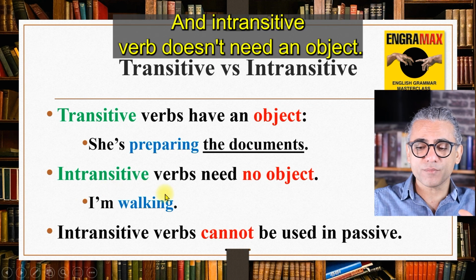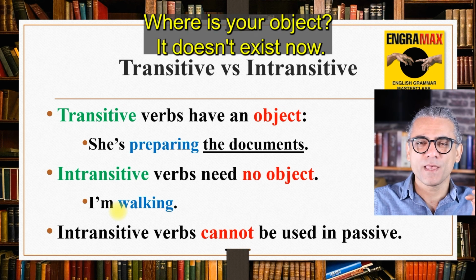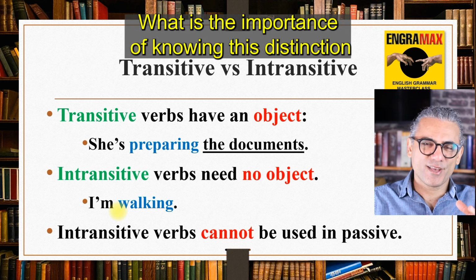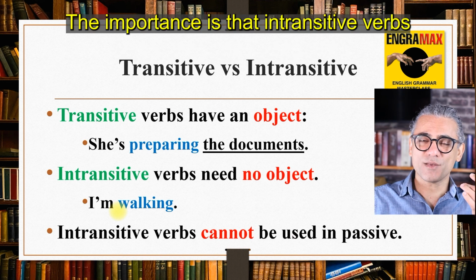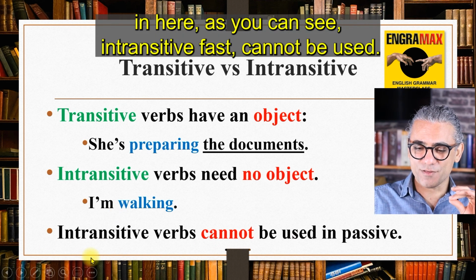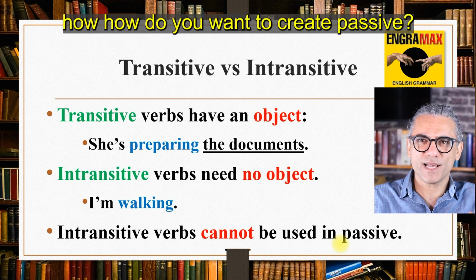An intransitive verb doesn't need an object. We say I'm walking. Where is your object? It doesn't exist. Now, what is the importance of knowing this distinction between a transitive verb and an intransitive verb? The importance is that intransitive verbs cannot be used in passive. And this is common sense because when you don't have an object, how do you want to create passive?